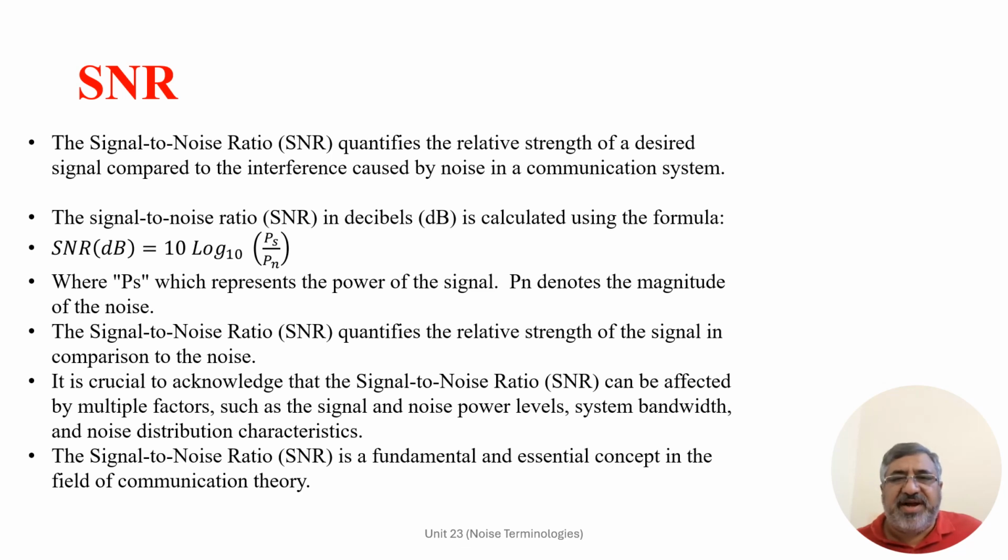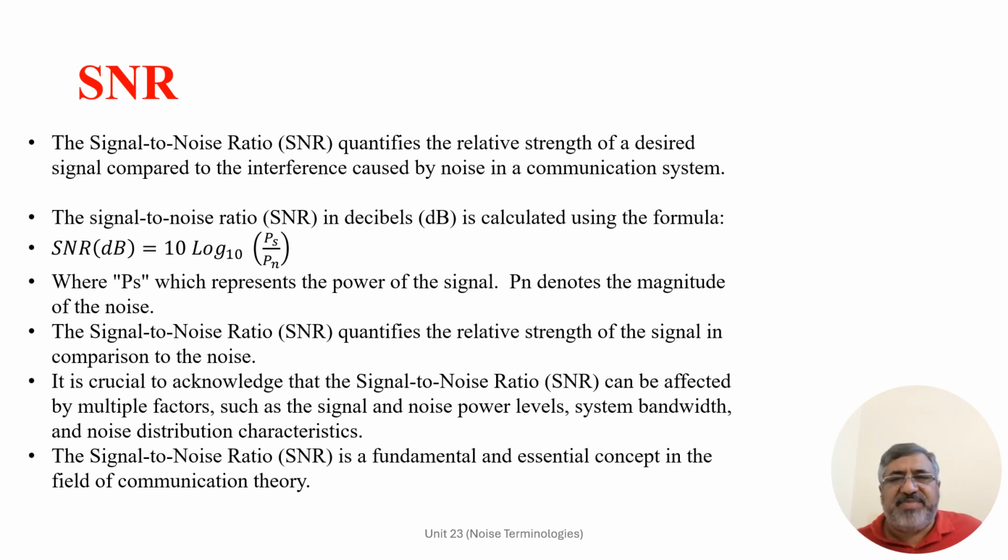SNR indicates how strong the signal is compared to the noise. A higher SNR value indicates a strong, desirable signal with less interference from the noise, while a lower SNR value indicates a weaker and less reliable signal that may be more susceptible to errors introduced by noise.